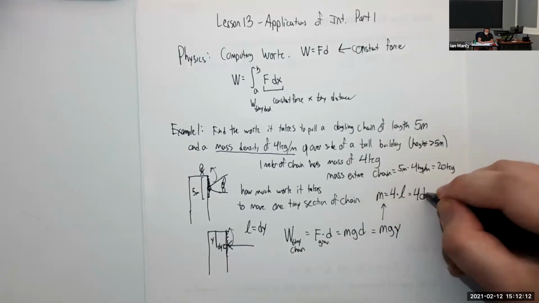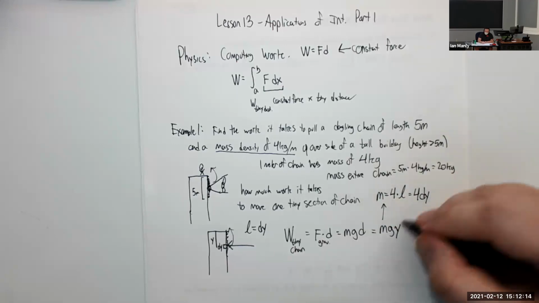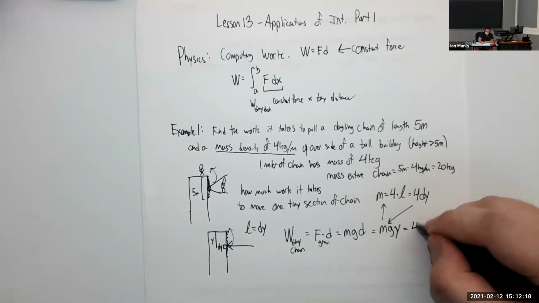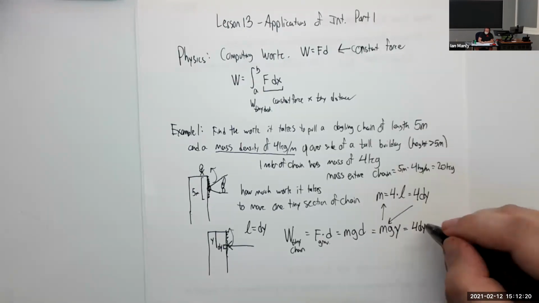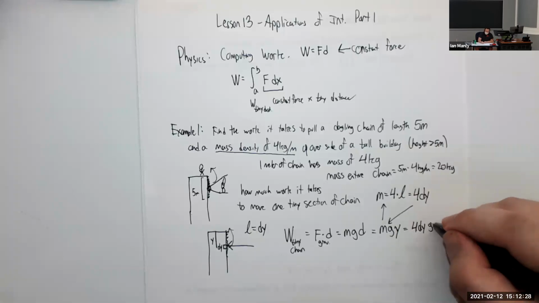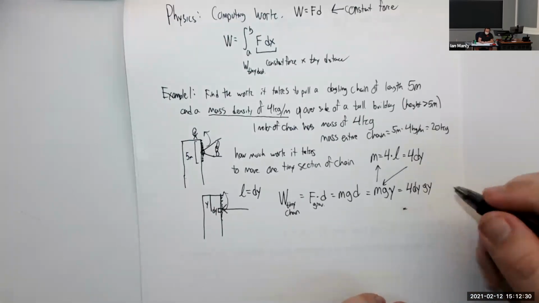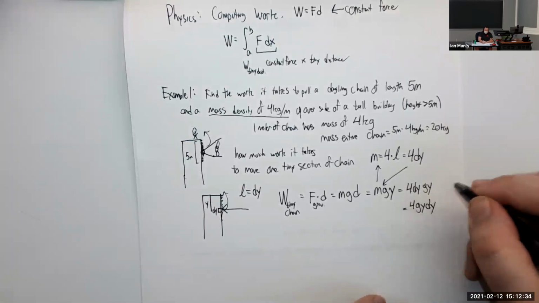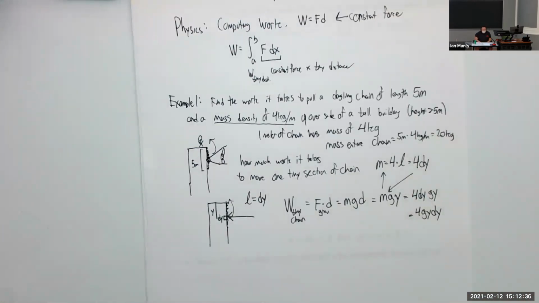It was dy. That means that the mass of this chain is going to be 4 dy. It's dy meters long right here, and it has 4 kilograms per meter. So this is going to be our mass. And if we put this in a more pleasing order with dy at the end, we figure out that the work it takes to move this little piece of chain up to the top is going to be 4gy dy.